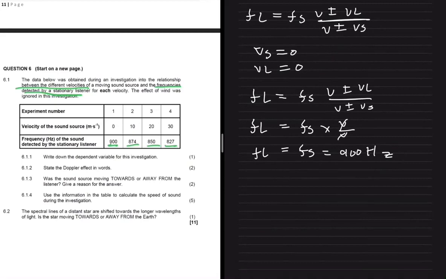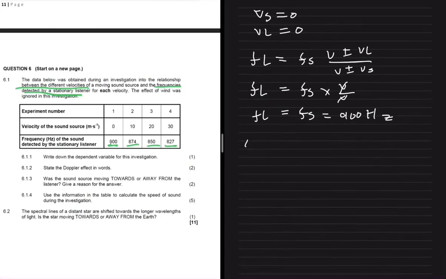To calculate the speed of sound during the investigation, we'll pick any of the other remaining experiments. Let's pick experiment 3 because it has 20 and 850, and 850 is better to work with compared to 874. Fs, we deduce, is 900 hertz.